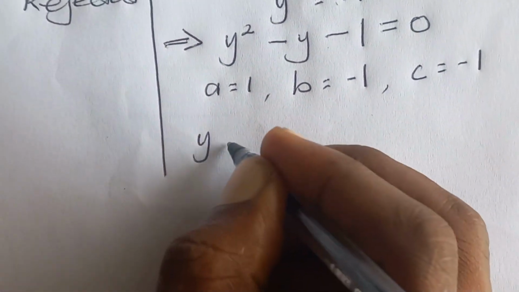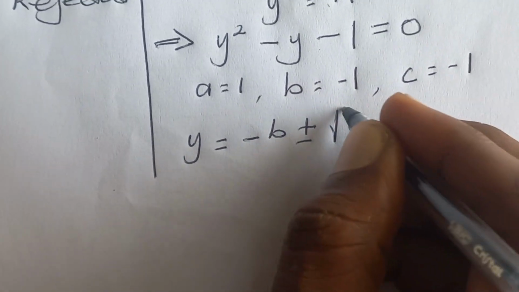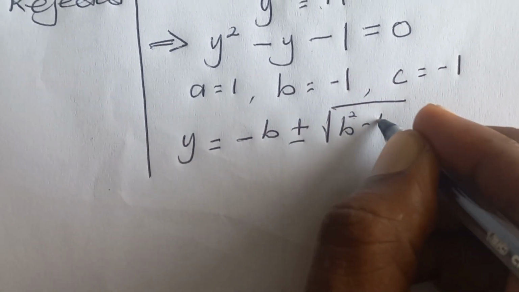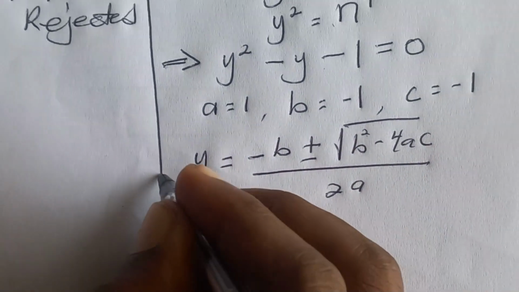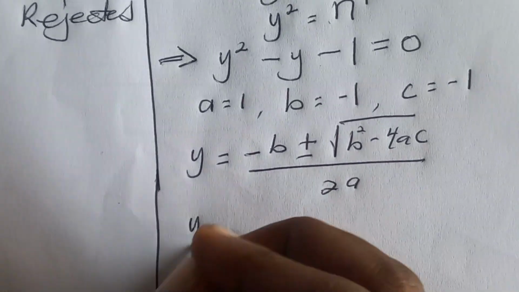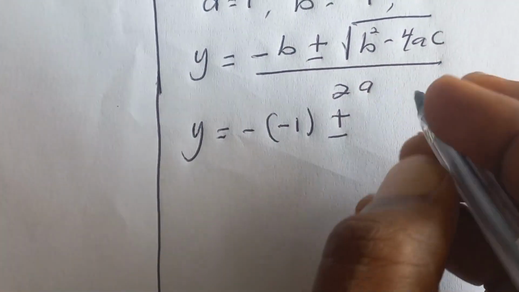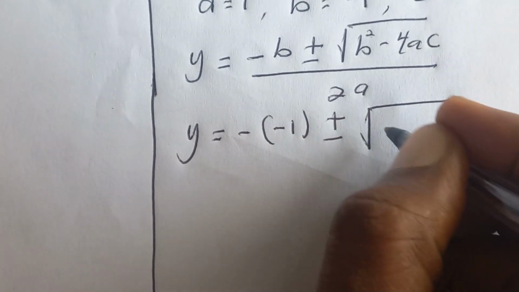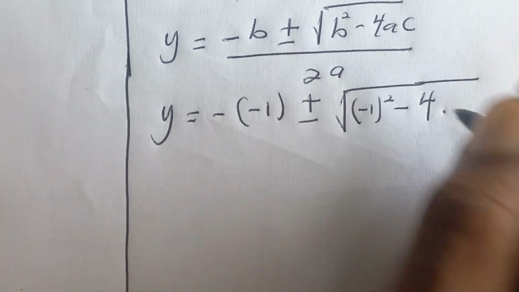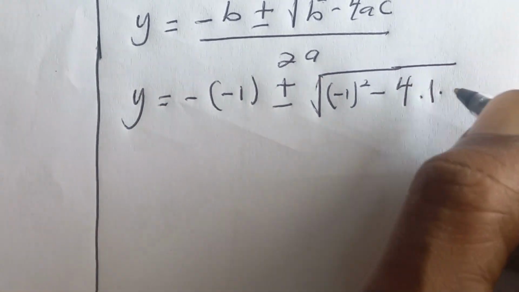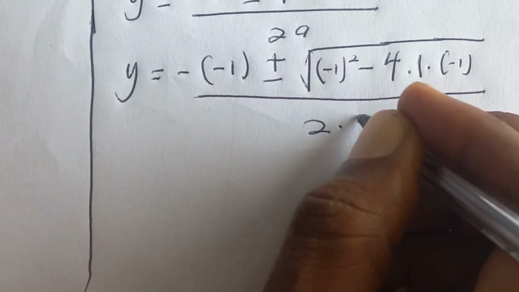So our y is equal to minus b plus or minus root of b squared minus 4ac all on 2a. So y is equal to negative into negative 1 plus or minus square root of negative 1 all squared minus 4 multiplied by 1 multiplied by negative 1 all over 2 multiplied by 1.